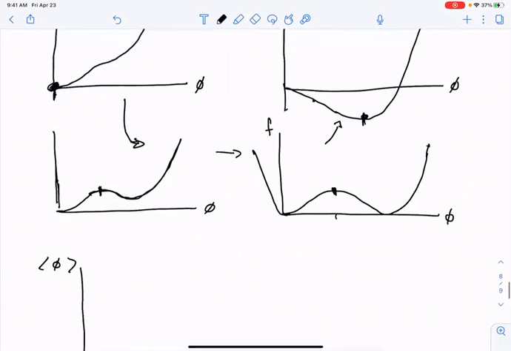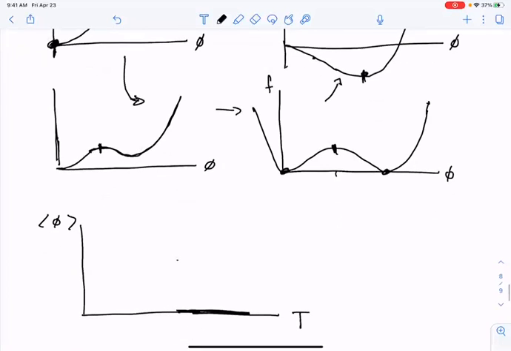But note, when we get to this point, we arrive at coexistence. This barrier is still finite. We will jump discontinuously to this value in the ordered state.